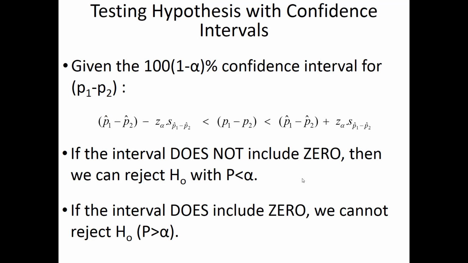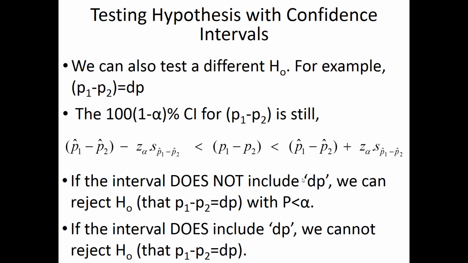Given the 100 times 1 minus alpha percent confidence interval for the difference in the population proportions, if the interval does not include 0, then we can reject the null hypothesis with p less than alpha. However, if the interval does include 0, we cannot reject the null hypothesis.